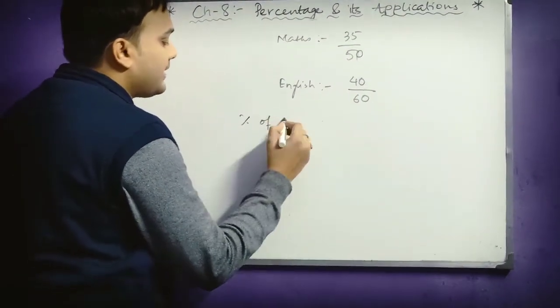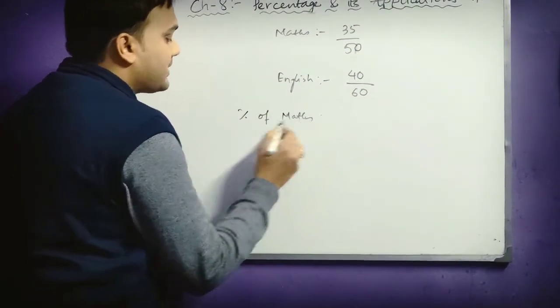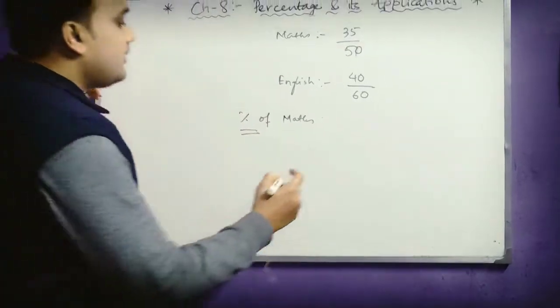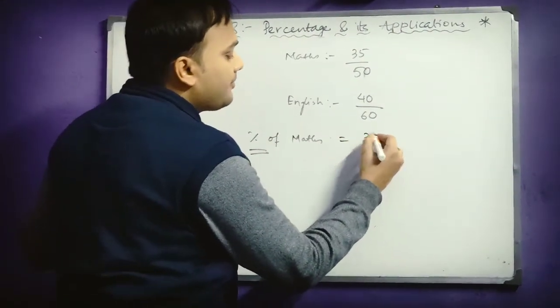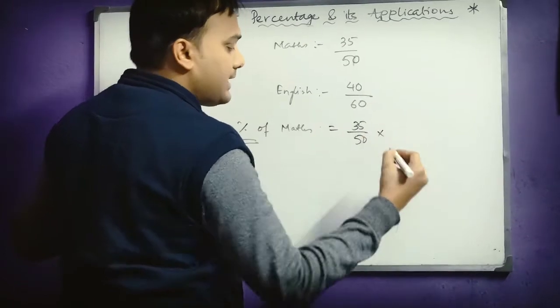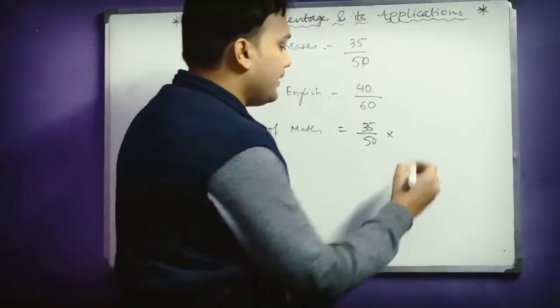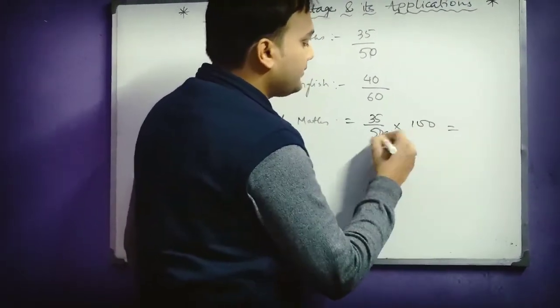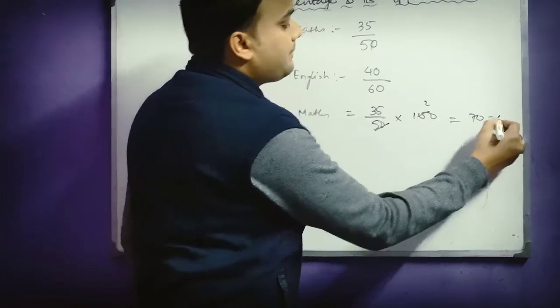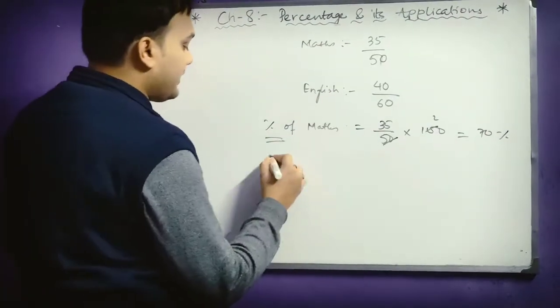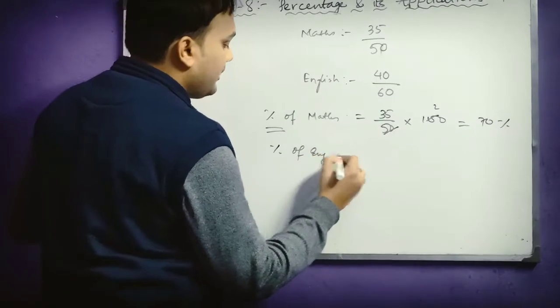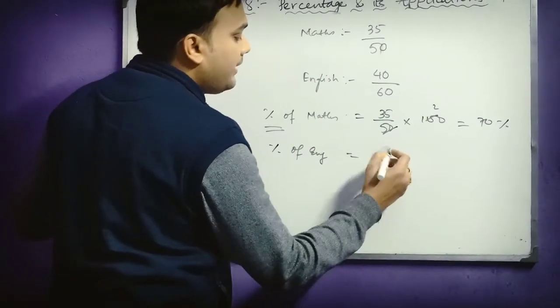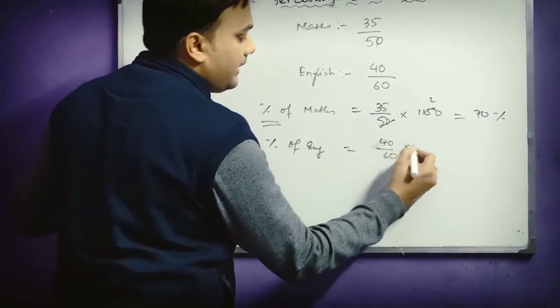So what will be the percentage of mathematics? Percentage is denoted by this symbol. The percentage of mathematics will be 35 by 50, and as I said, we will multiply just by 100, so we get 70% as the percentage of mathematics. The percentage of English will be 40 by 60 into 100.